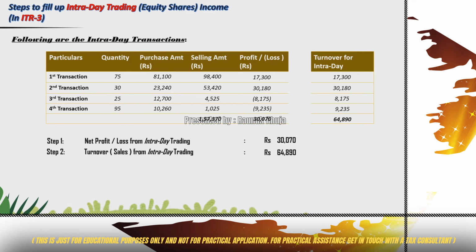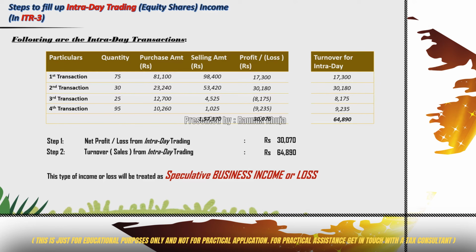Now, one important thing to note in case of intraday trading transactions is that any incomes or losses that are earned from intraday transactions are to be treated as speculative business income. Yes, you heard that right. Any income or loss we earn from the intraday transactions is to be treated as a business income.